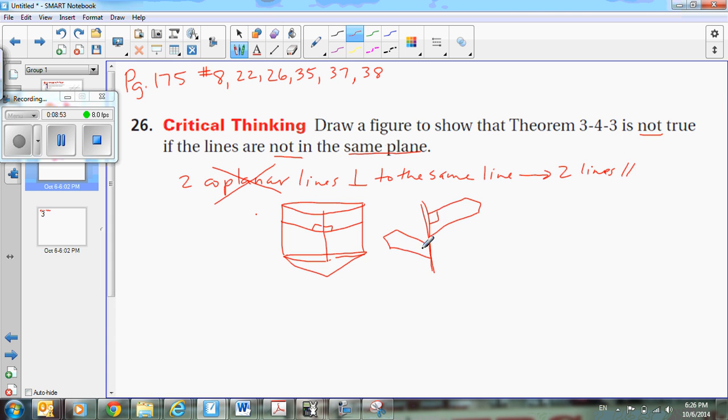All right, and then notice that, again, not a very good drawing, but two signs that are perpendicular to the post. However, these two signs are not parallel to each other because they're not in the same plane. So see if you can come up with another idea or another drawing that would show that this theorem is not true if the lines are not in the same plane.